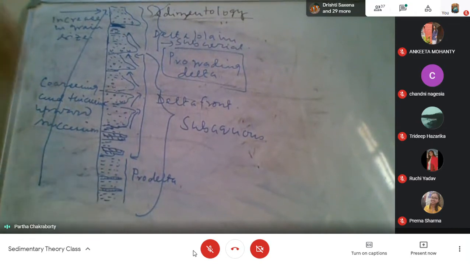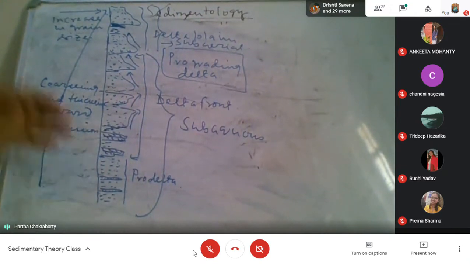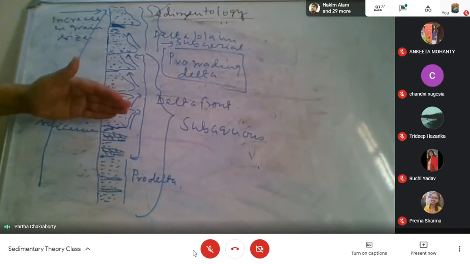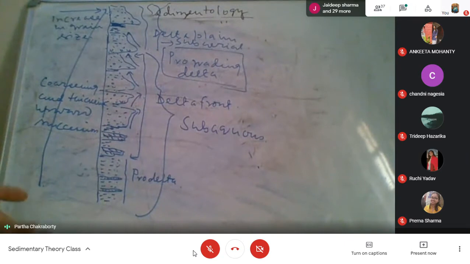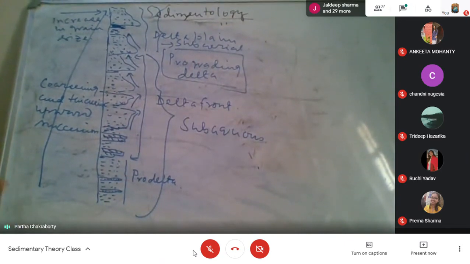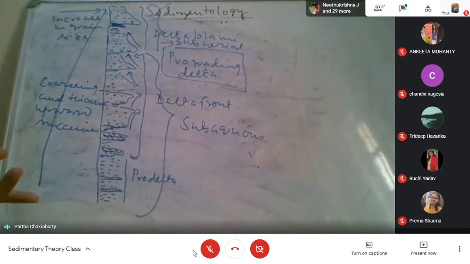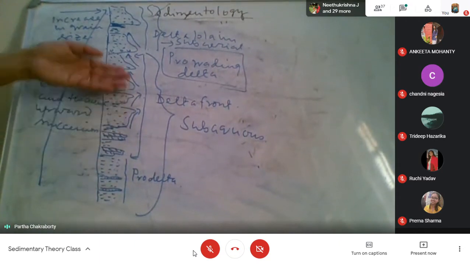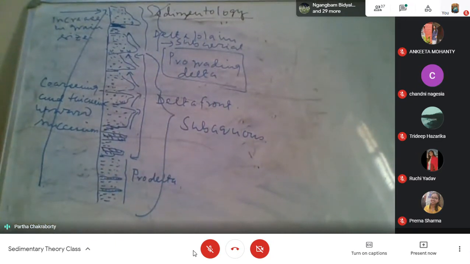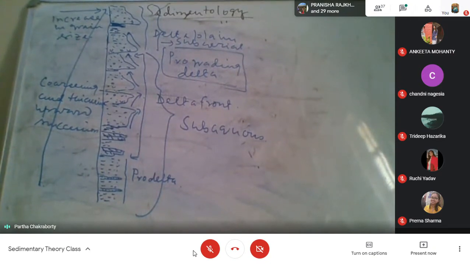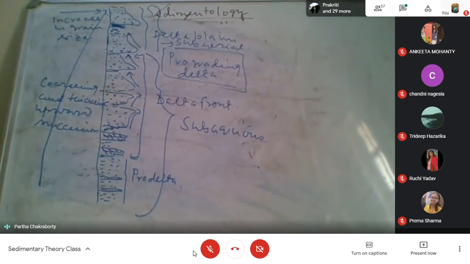And then above this you have several sand bodies, some formed by channels, some by the mouth bar, some by the bar finger, some by the feeder channel. All these sand bodies act as reservoirs. So you have a proper source rock at its base, and the reservoirs coming above it. It is a beautiful situation to form and accumulate hydrocarbon.